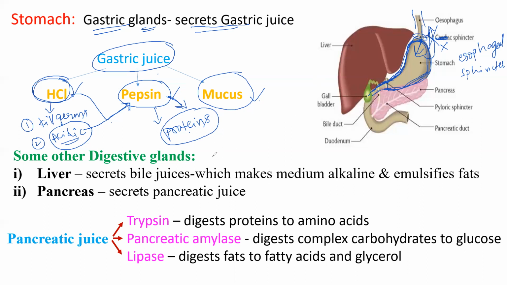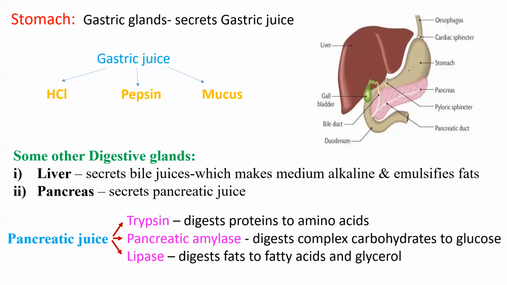Then we'll move to some other digestive glands. Before that, you understood now what happens in the stomach. Gastric glands secrete the gastric juices which contain HCl, pepsin and mucus. All the functions we already discussed. Then we'll move to some other glands around the stomach.